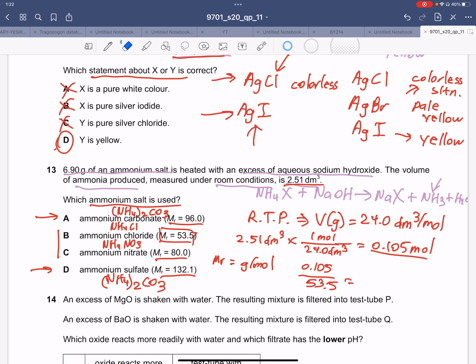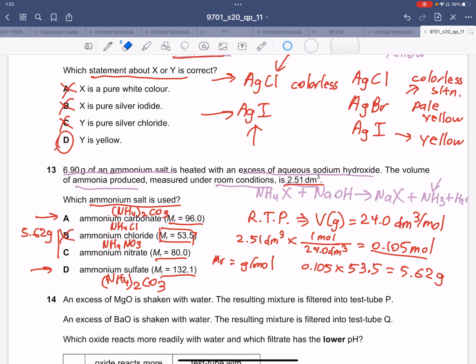Sorry, my bad. You'd want to multiply them because, again, unit conversions. It's grams per mole multiplied by moles, which will leave you with grams. So you'd multiply 0.105 times 53.5. That gives you about 5.62 grams. So 5.62 grams, so it can't be B.